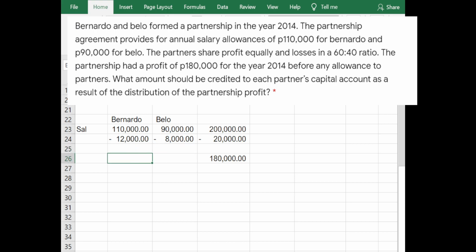This is what we distribute to the partners. So our answer is 98,000 and 82,000. To show you, the total of this is 180,000, of course. So our answer for Bernardo is 98,000 and for Bello is 82,000.